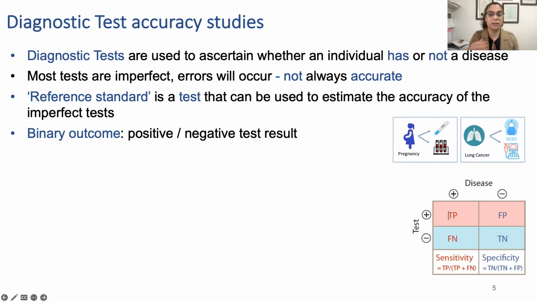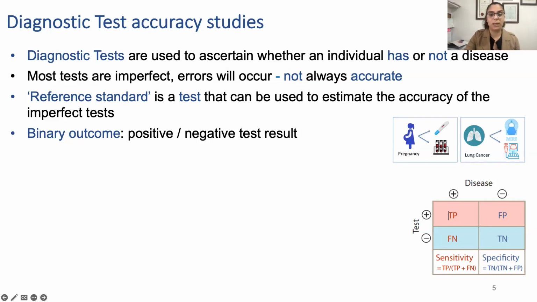A reference standard we consider to be a reliable test, which we use to infer the presence or absence of the disease for the specific test of interest. Index tests usually provide a binary outcome, a positive or a negative test result.